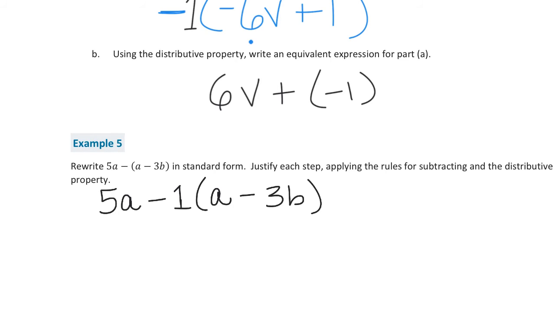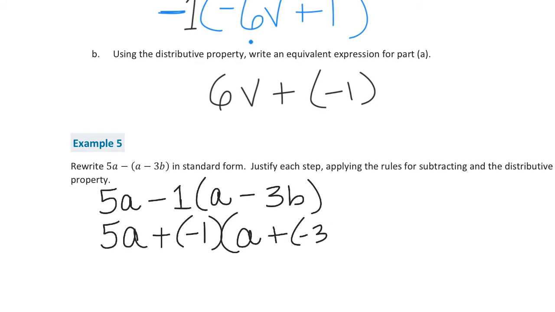So this goes back to the simplifying that we were doing earlier this week and even the week before. So I'm going to start out with rewriting my subtraction as addition. 5a plus negative 1 times a plus negative 3b.